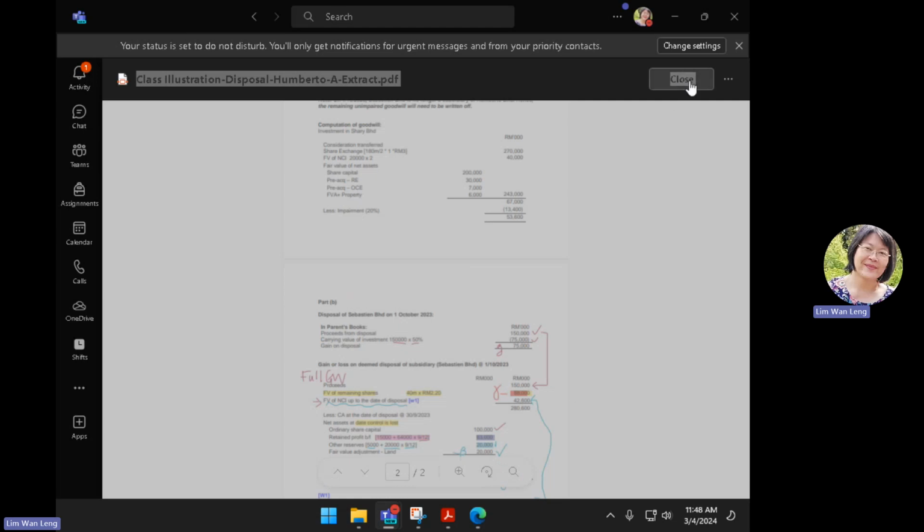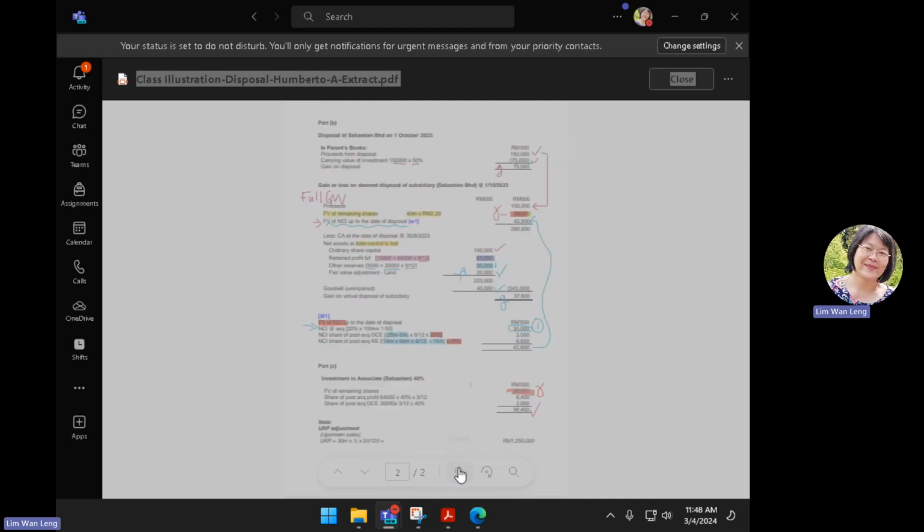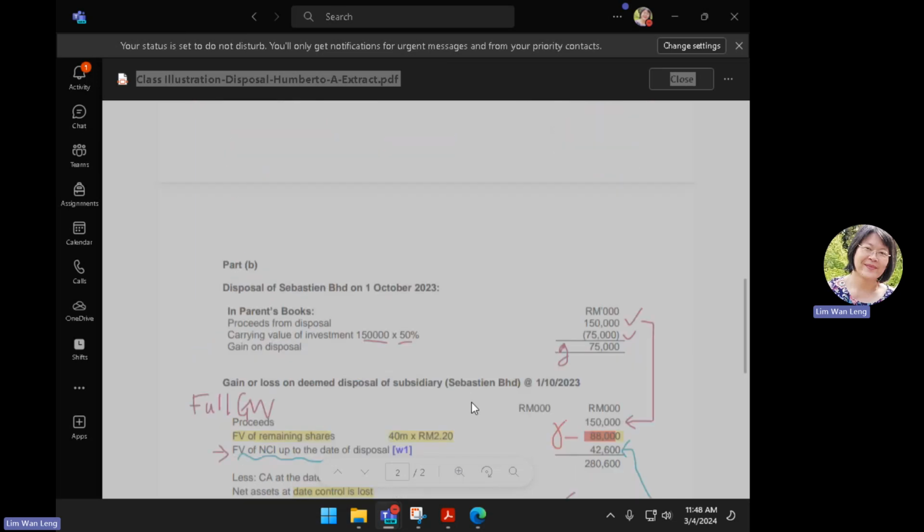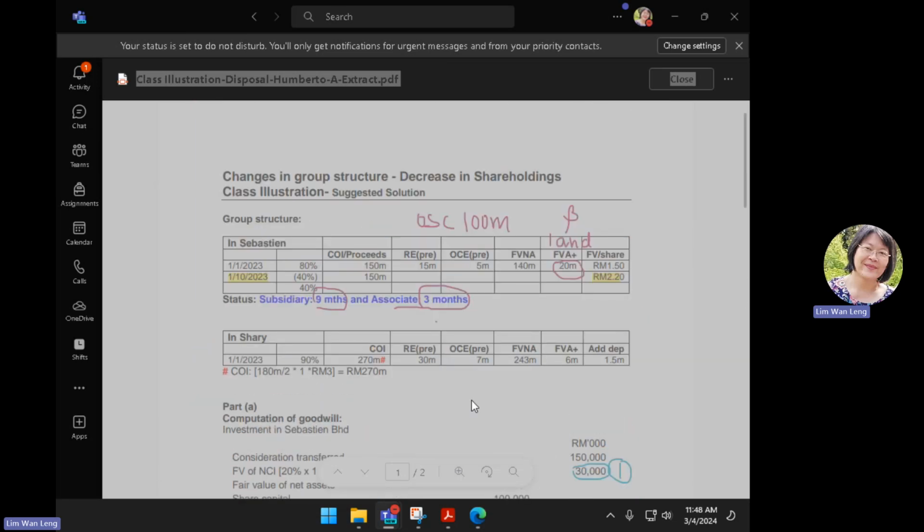Because I enlarge. Oh, why so blur? I know, but it's very blur. Don't know why. Your side there is blur now. You can see lah.